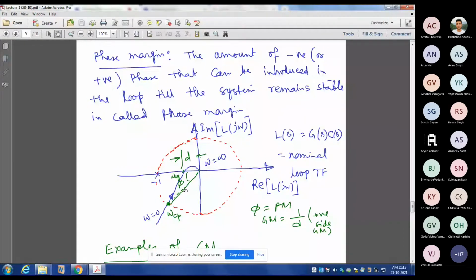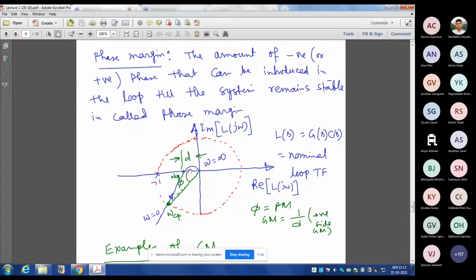That means this point will touch here. So the minimum amount of phase lag needed to make the system corresponding to this Nyquist plot become unstable is phi. That's why it is the phase margin.